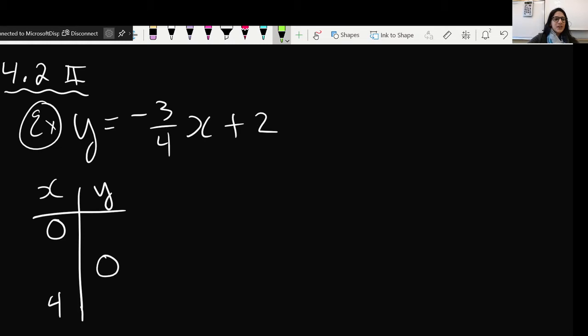If x is 0 for this first one here, I'll color code it so you can keep track of it. In my equation, where does that 0 value go? Yeah, we're going to plug it in here for x. So for this first one here, we're going to say y equals negative 3 over 4 times 0 plus 2.